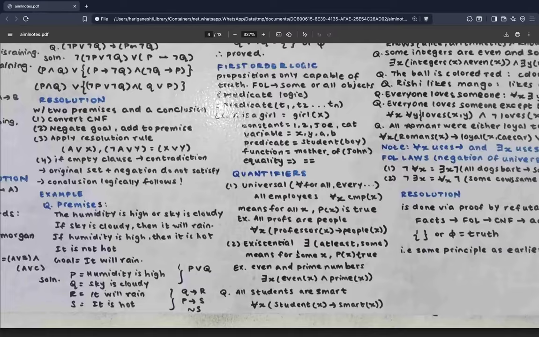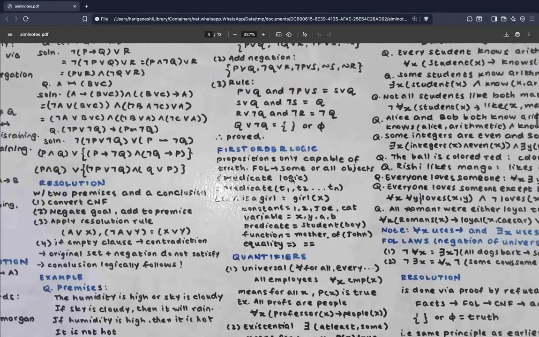The second type of quantifier is existential, which refers to some, at least, basically everything doesn't apply here. So you see here, even and prime numbers, there's an existential quantifier here. All students are smart is again going to be a universal quantifier.